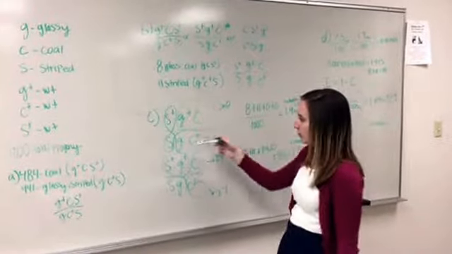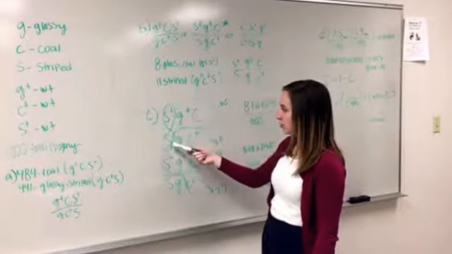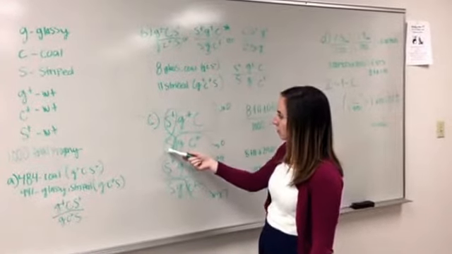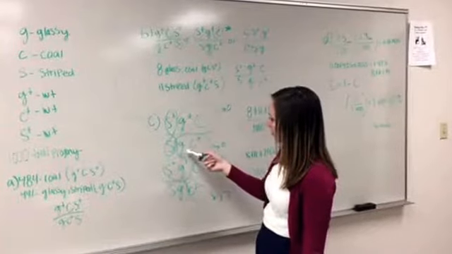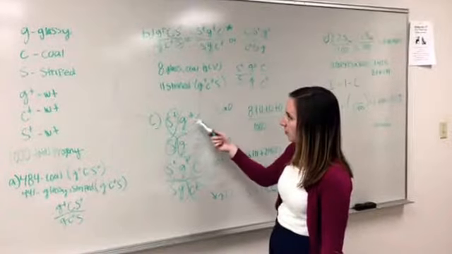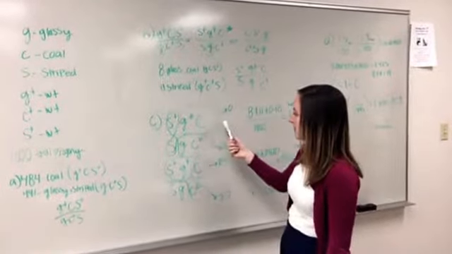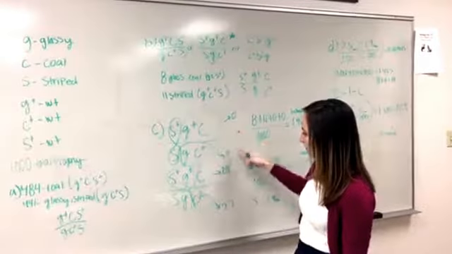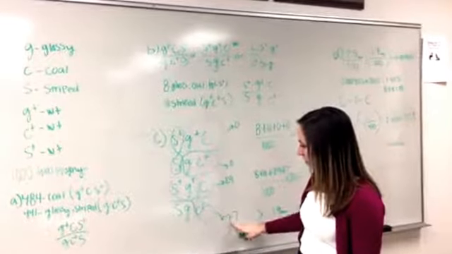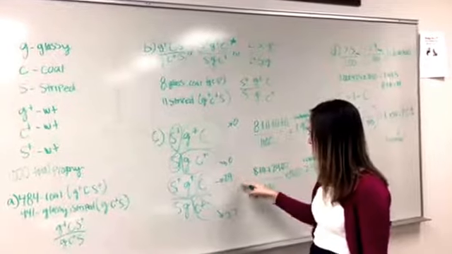So with these ones, we don't have any progeny with just glassy eyes or with striped and coal bodies. And so I put 0 there. And then for these ones, we have 27 progeny and then 29 progeny.